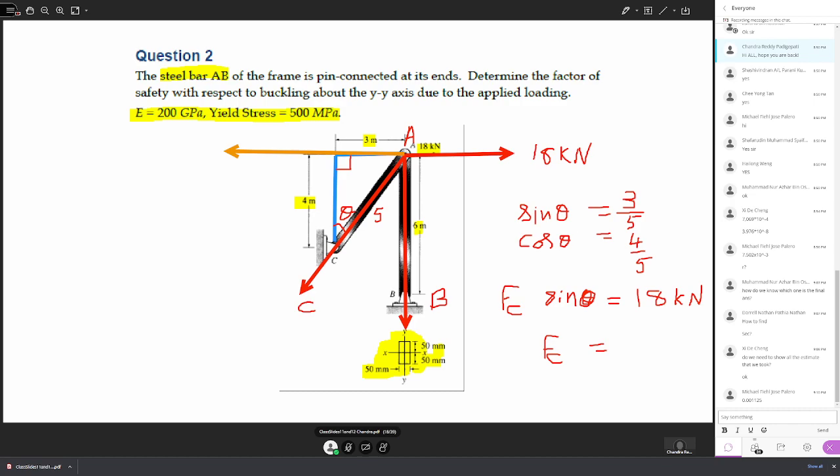So this will be FC into sine theta. So the horizontal component of FC, sine theta, we are equating to 18 kilonewtons. So therefore, you will get FC. Any answer for FC, guys?